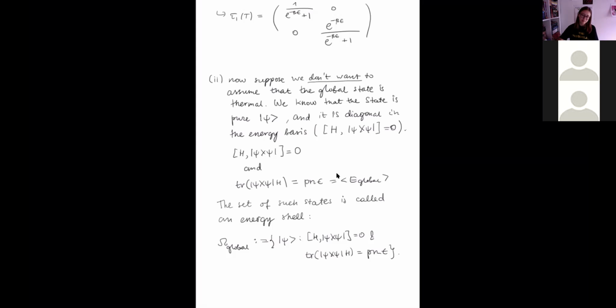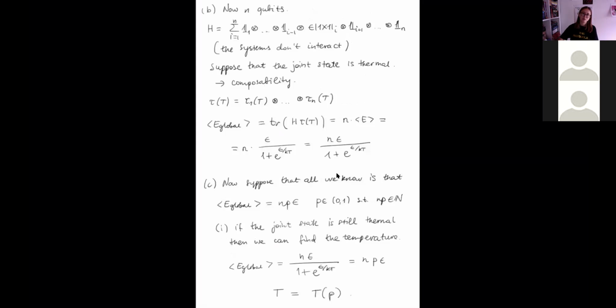This actually means that the way we wrote our global Hamiltonian is already its diagonal form. Because if you look back at our joint Hamiltonian of n qubits here, which is this one, then essentially every term in the sum is diagonal because it is a tensor product of diagonal matrices. Then we already have that our Hamiltonian is initially diagonal.